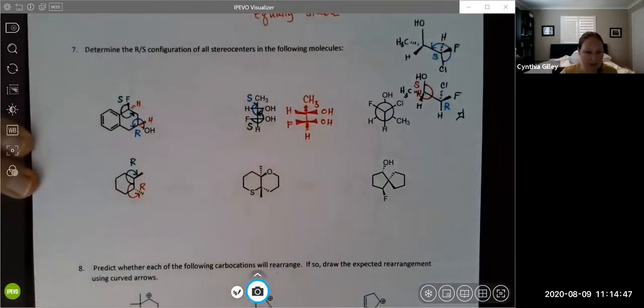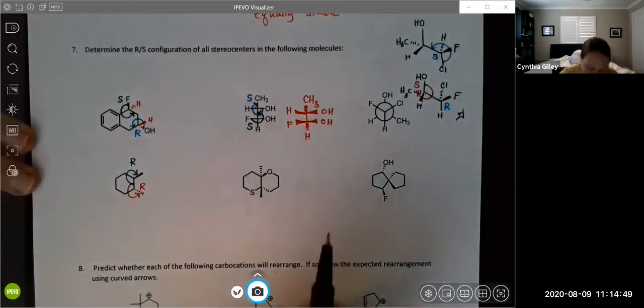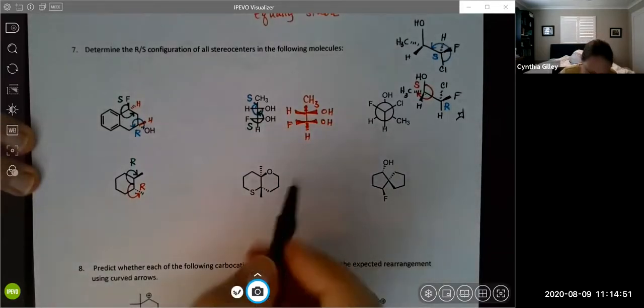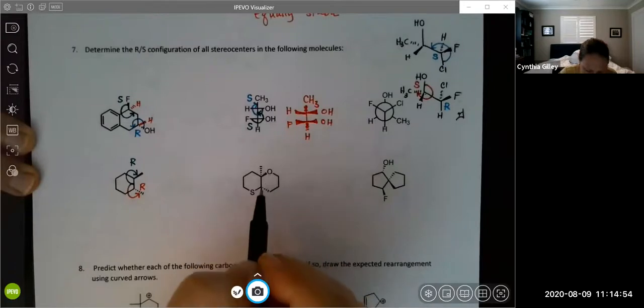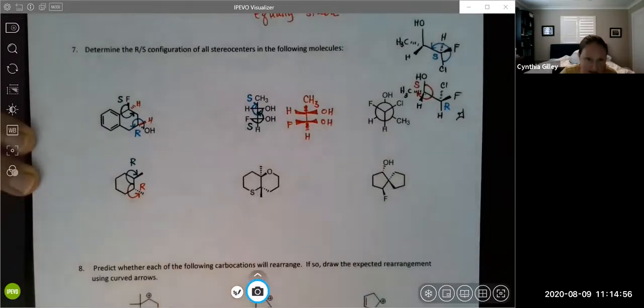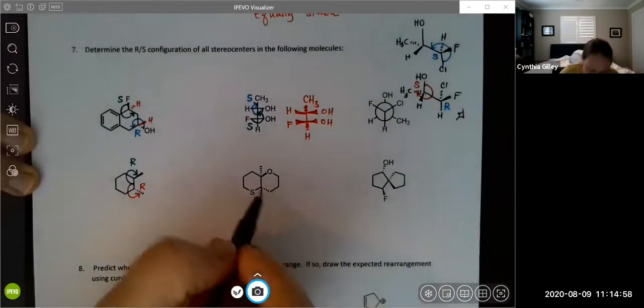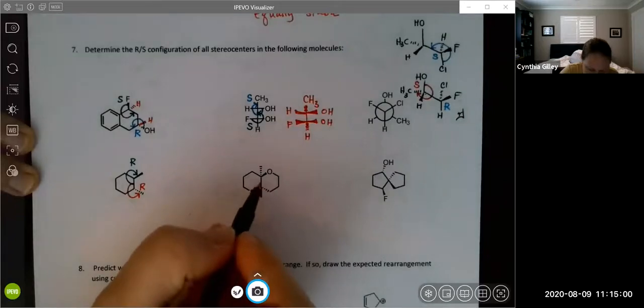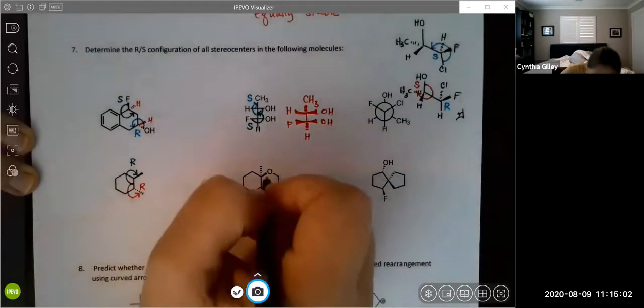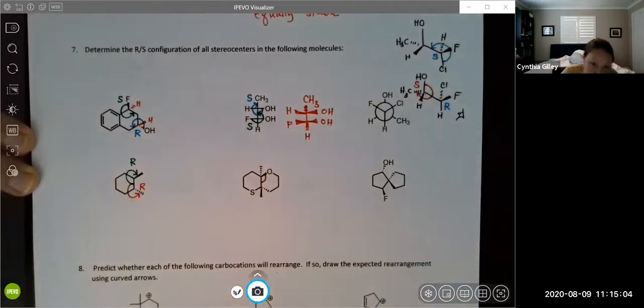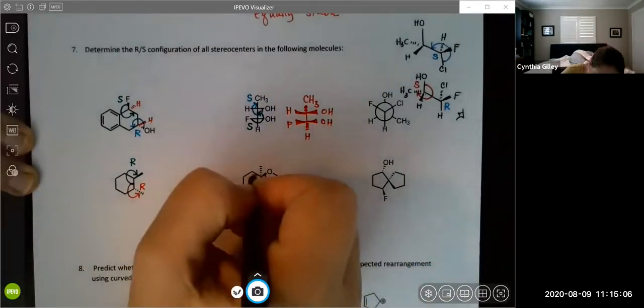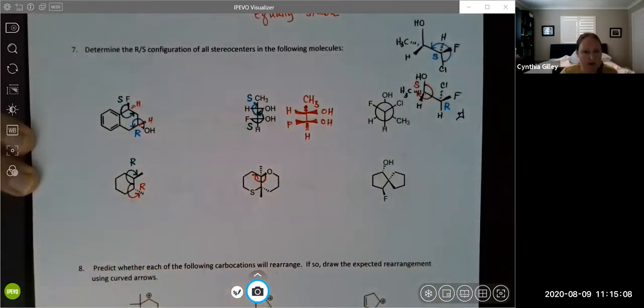Okay, the next one, we just need to determine our groups. So oxygen comes first, carbon and carbon is a tie, whereas this one has the sulfur attached, so it'll be the next highest priority. So 1 to 2, coming up here to 3. The methyl that's pointed back is your 4th priority group, and it's convenient that it's already pointed back. That's good.